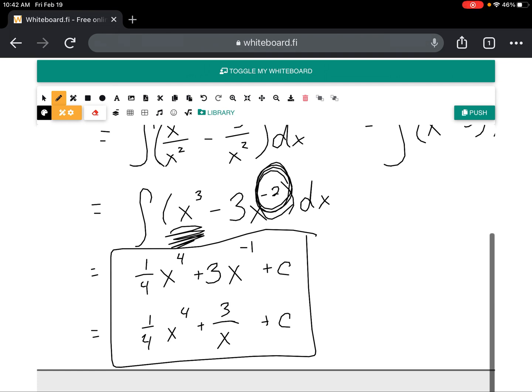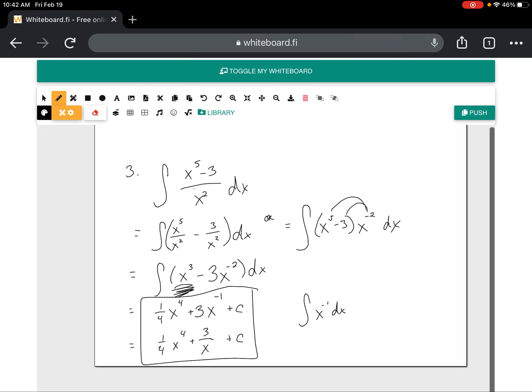It's only if you're trying to take the integral where the exponent is a negative 1, like integral x to the negative 1 dx. When we finally do get to our x to the negative 1, we don't have to take any more integrals, so there's no issues there. We don't have to think about logs. All right, any questions on number 3?